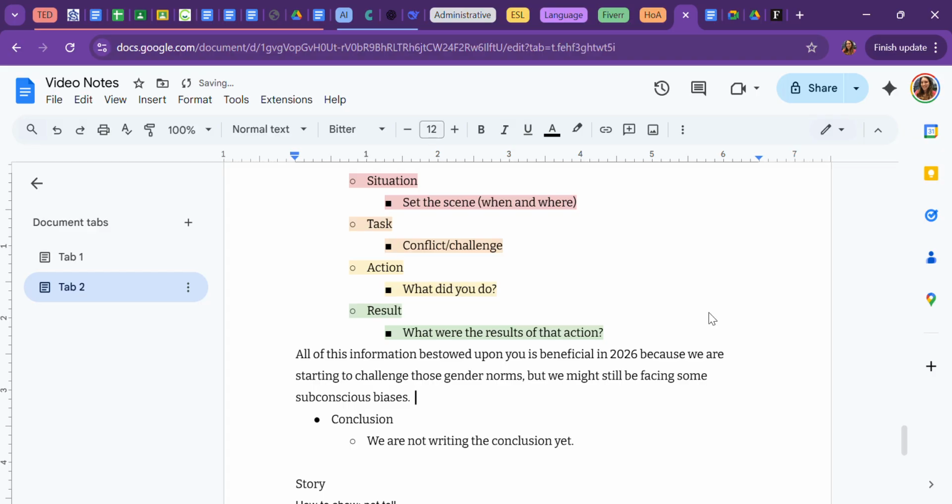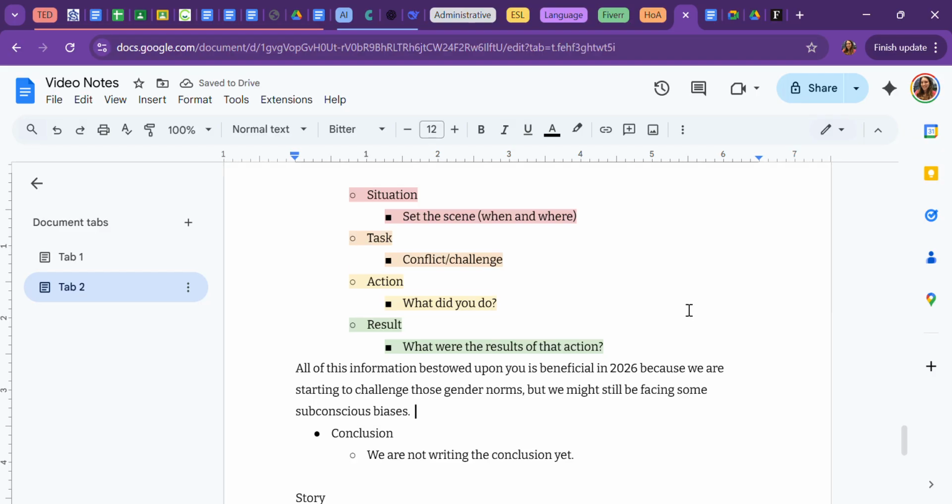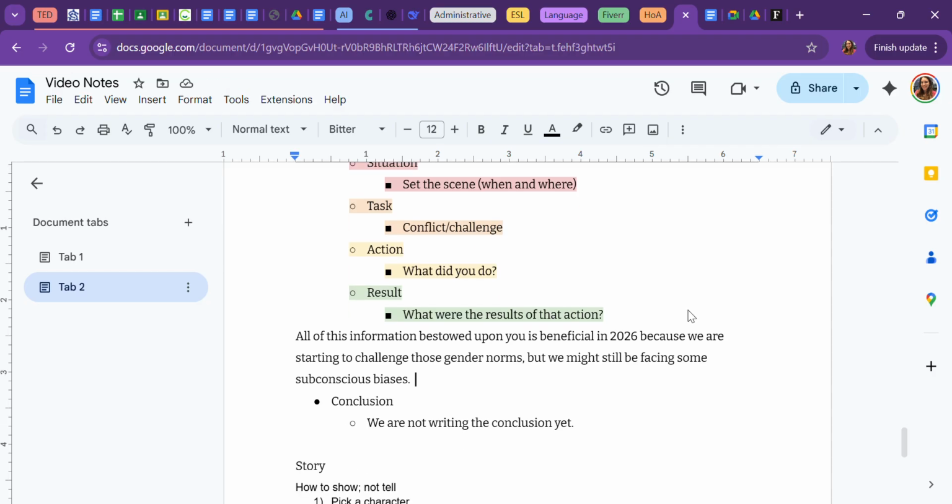Okay. We still need a topic sentence when it comes to STAR, and we still need a conclusion. So now let me give you an example.